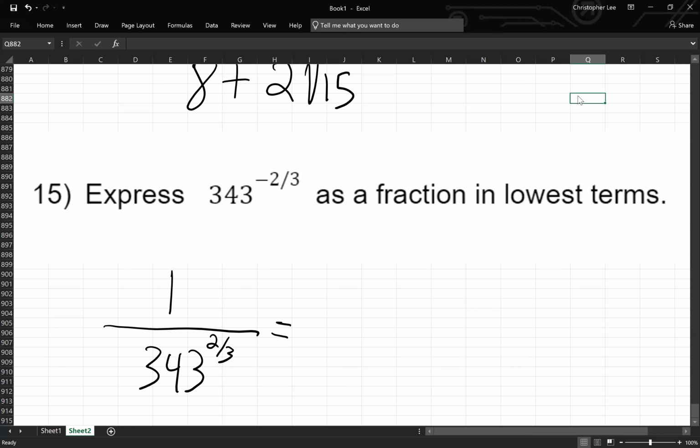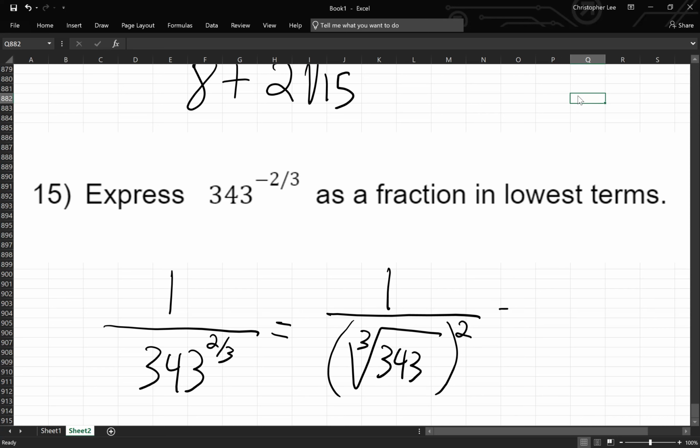And you remember what happens, right? I always do the denominator first. So this becomes 1 over the cube root of 343 squared, right?